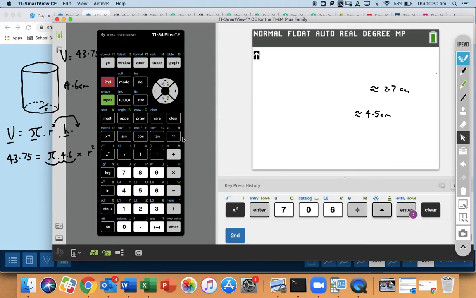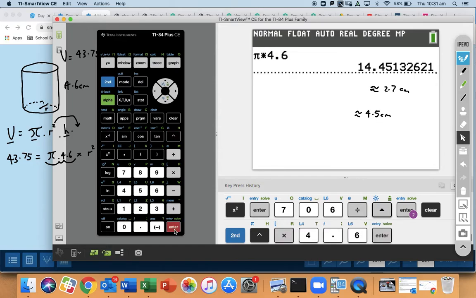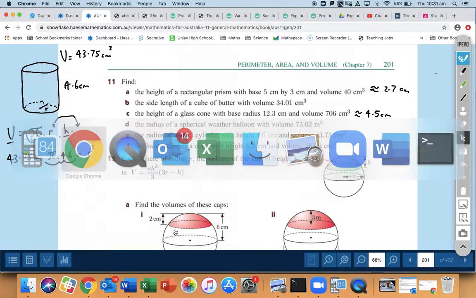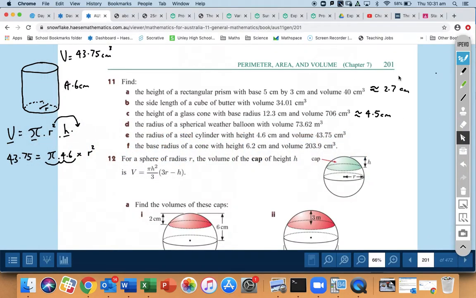Pi times 4.6 is 14.45. Write that in. 43.75 equals 14.45 times the radius squared. Now we're going to divide both sides by 14.45.